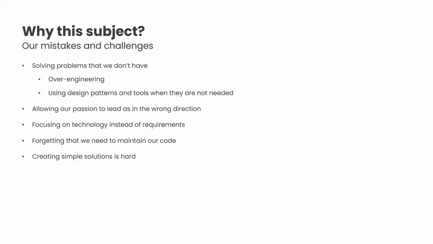Sometimes we as developers see some technology and think, that's cool, I want to do it. But it's not necessarily the thing that we should be doing when we're solving the problem. Sometimes we're so focused on the technology that we are forgetting that that's not the best case for it. And sometimes we're just forgetting that we need later to maintain the code.